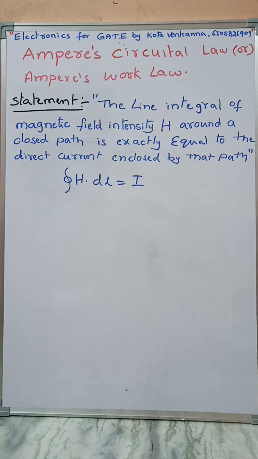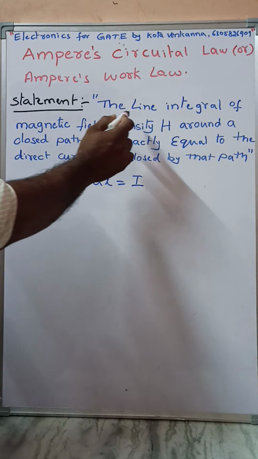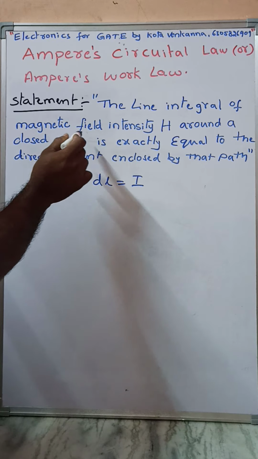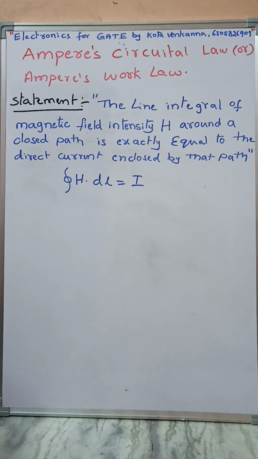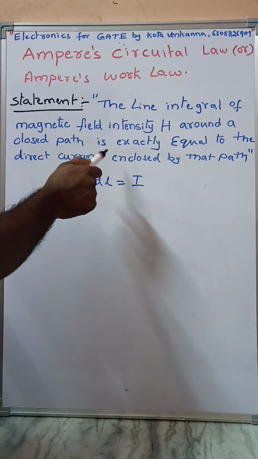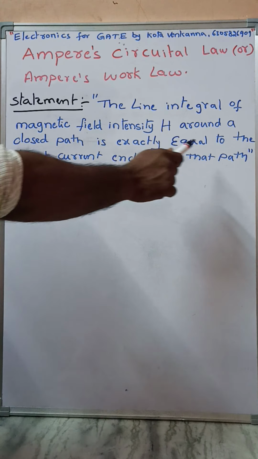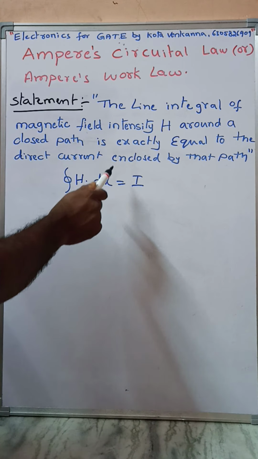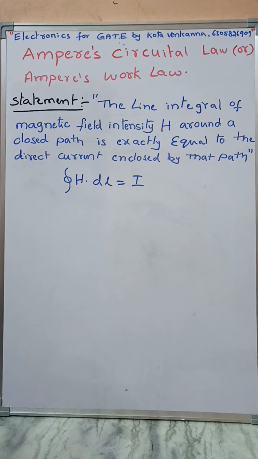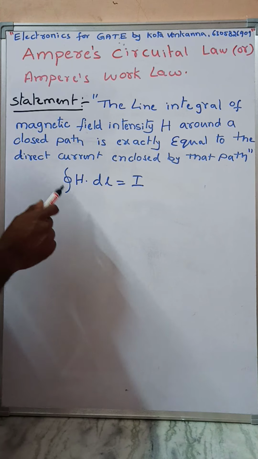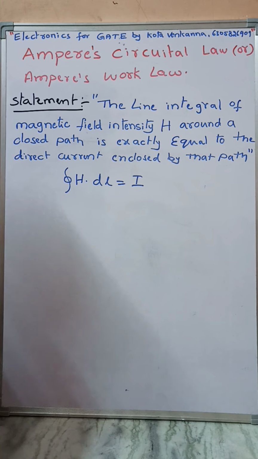The statement of Ampere's circuital law is that the line integral of magnetic field intensity H around a closed path is exactly equal to the direct current enclosed by that path. That is indicated as the integration of H dot dl is equal to I.